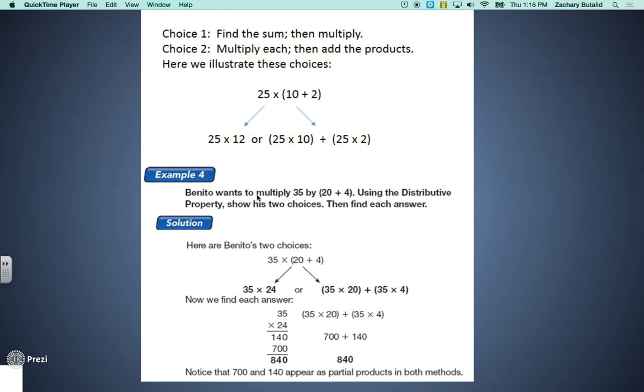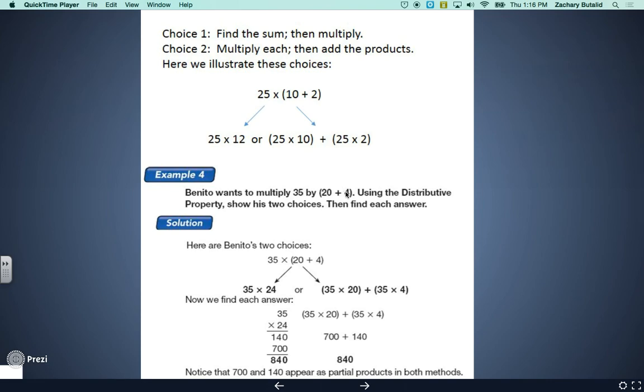Okay, so what you're going to do is you're going to do 35 times 20 and 35 times 4, and then you're going to add them together. All right, basically there's 2 choices you could do: 35 times 24, or you do this 35 times 20 plus 35 times 4. Remember, this is the distributive property.